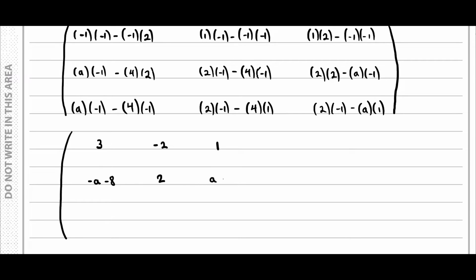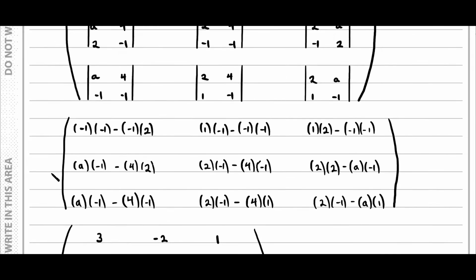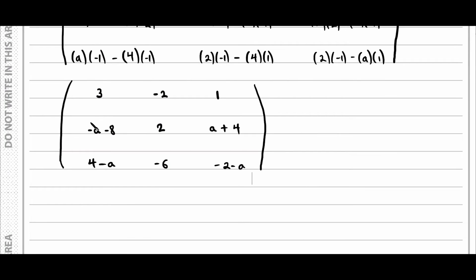And then finally minus a plus 4, so we have 4 minus a. Minus 2 minus 4, which is minus 6. And then minus 2 minus a. So this over here, which I've just listed, is our matrix of the minus.